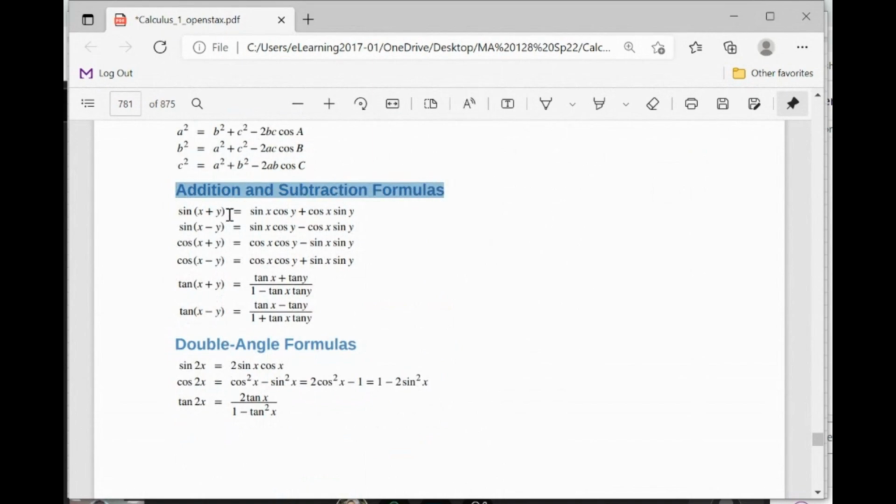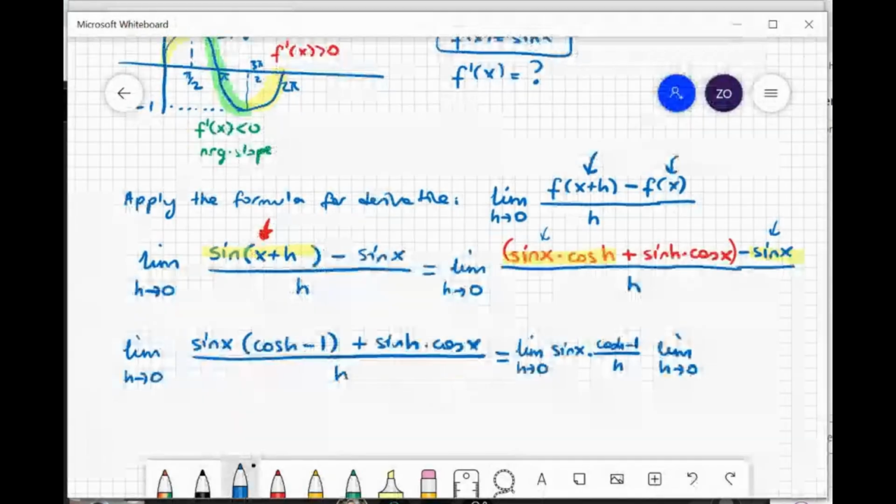So sine of the sum of two angles, x plus y, in our case it is x plus h. You just evaluate this expression: sine x cosine y plus cosine x sine y. So this is the formula, and we made use of that formula.